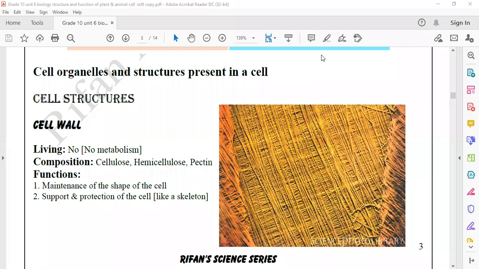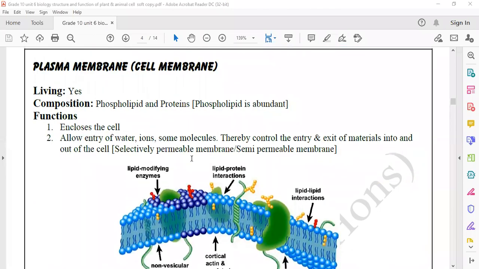So coming from cell wall, we are coming to the next one, my children. It is the plasma membrane. Another name for plasma membrane is cell membrane. In the cell membrane, it is mentioned to you as living. Why is it mentioned as living?